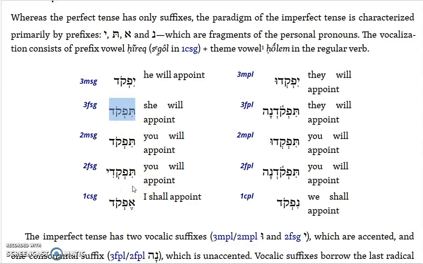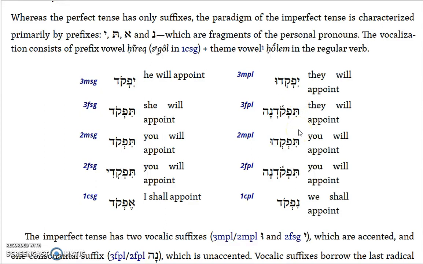Then you have tifkedi, you feminine singular will appoint. And then you have efkod, I shall appoint. And then with the plurals, you have yifkedu, they will appoint.